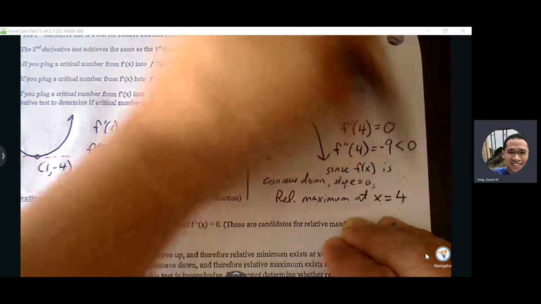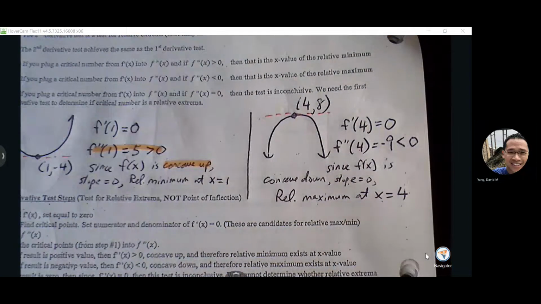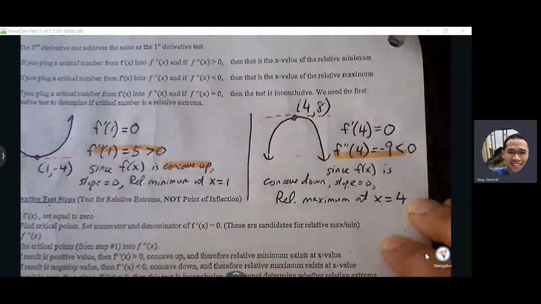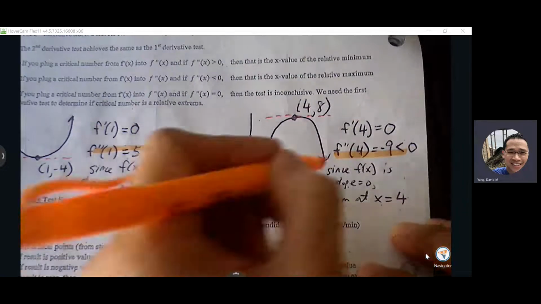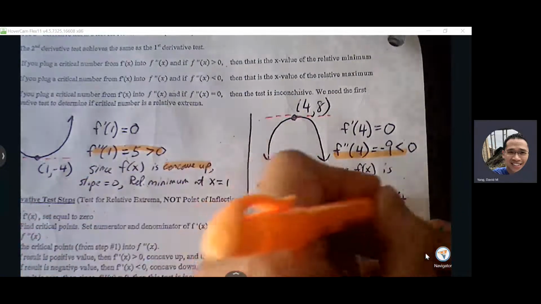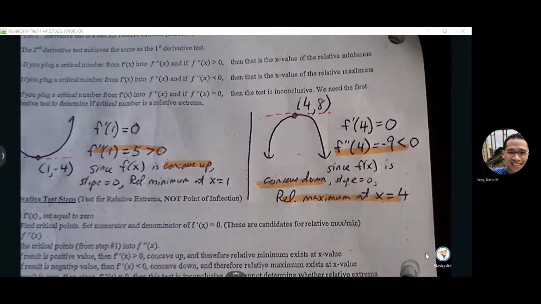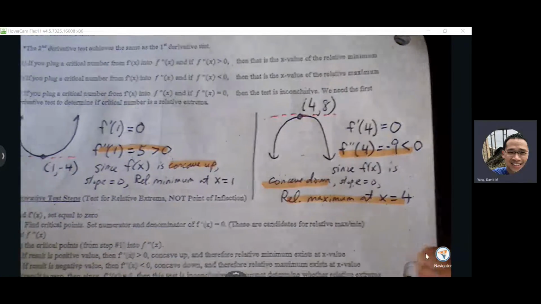Sorry, x equals 4. So if I pair slope 0 and a negative concavity value and the fact that it's concave down, I must be achieving a relative maximum. Okay. Does everything make sense so far?